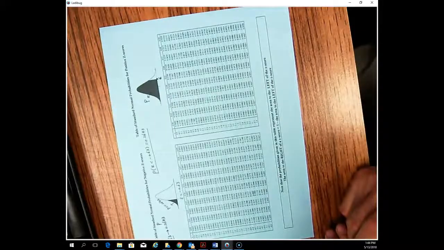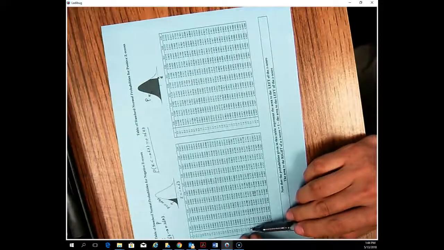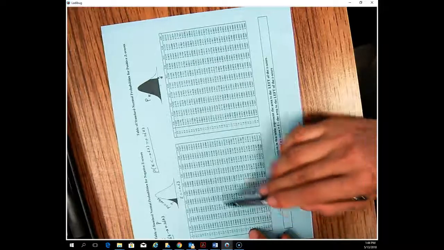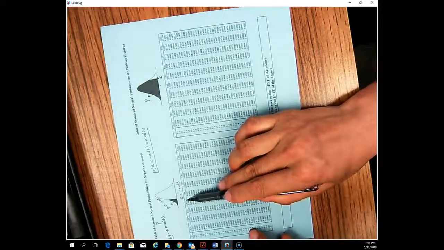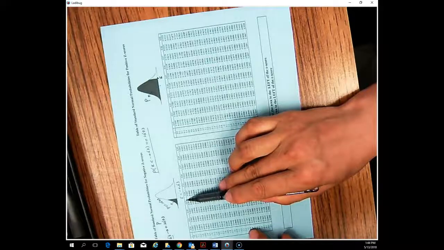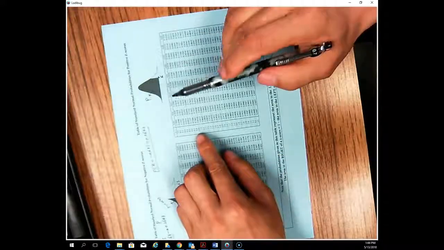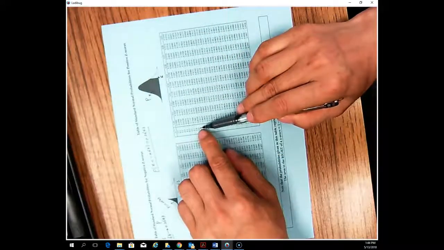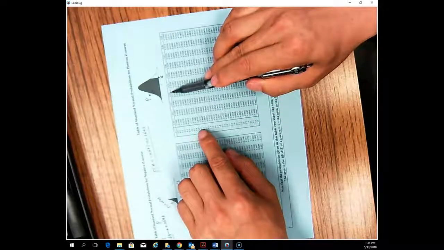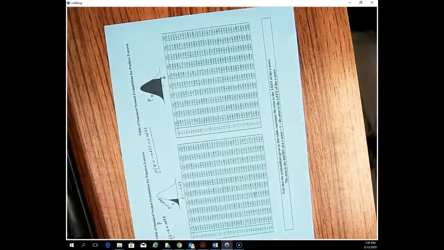For example, if you want to read a z-score of negative 1.03, we look for negative 1.0 on the first column and 0.03 on the top, and that will be negative 1.03. If you want to read a z-score of 0.93, you find 0.9 on the first column and then 0.03 on top, so 0.93. The z-table has two decimal places for the z-score you read.